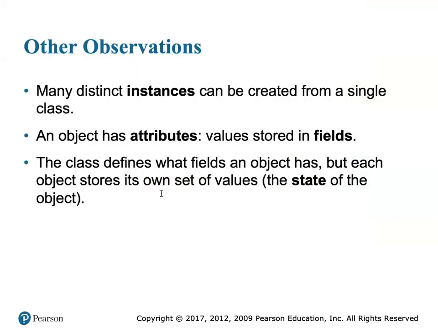Now, those objects have attributes, and those attributes were stored in a particular type of variable called a field. So the fields are the things that are tied to the creation of the object and can be changed over the lifetime of the object.